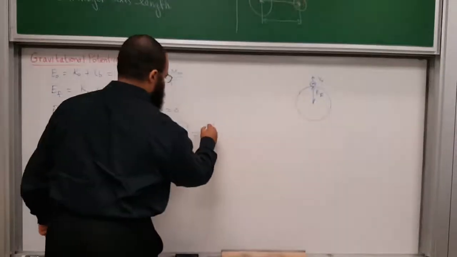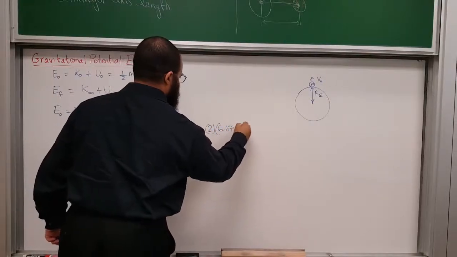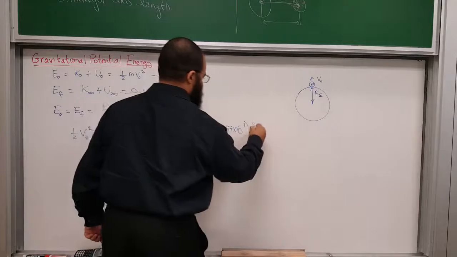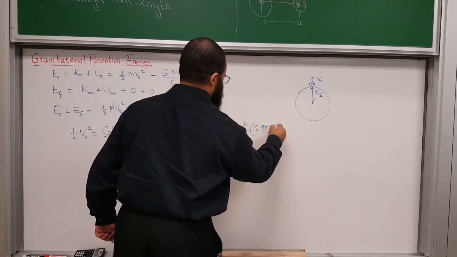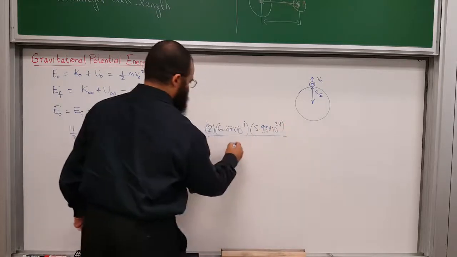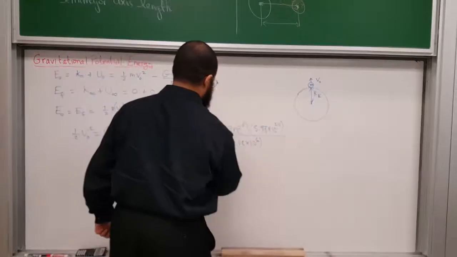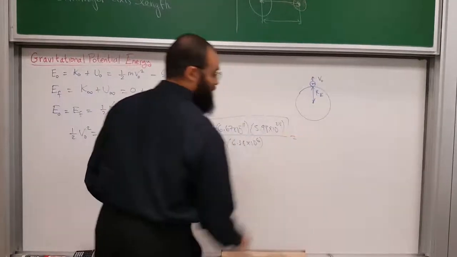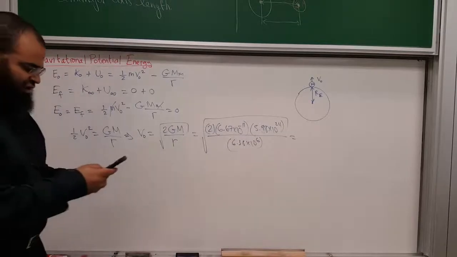So you get 2 times G, which is 6.67 times 10 to the minus 11. I happen to know the mass of the Earth, 5.98 times 10 to the 24 divided by the radius of the Earth, which is 6.38 times 10 to the 6th power. You take the square root, and that will give you the escape speed, escape velocity.